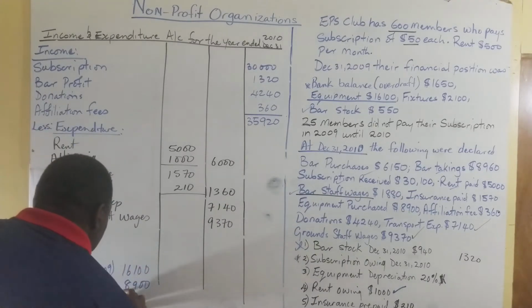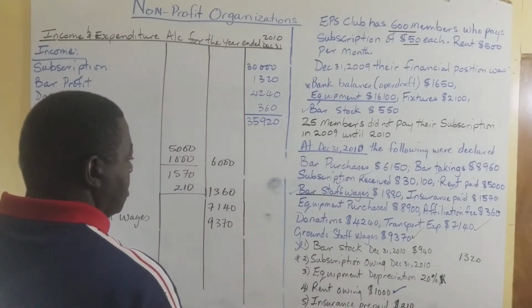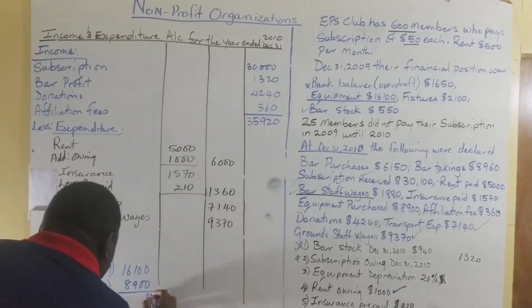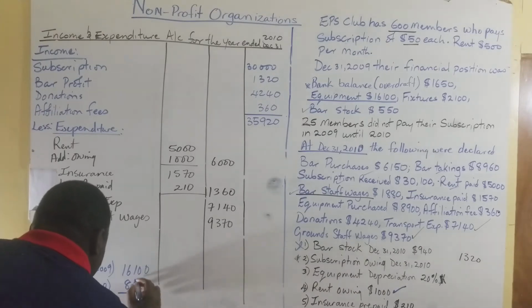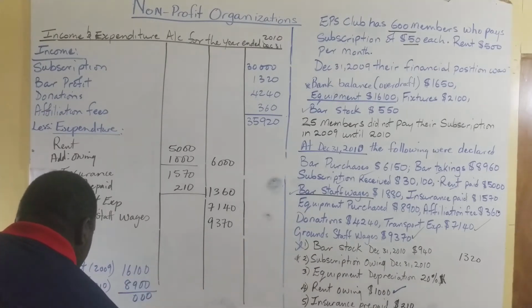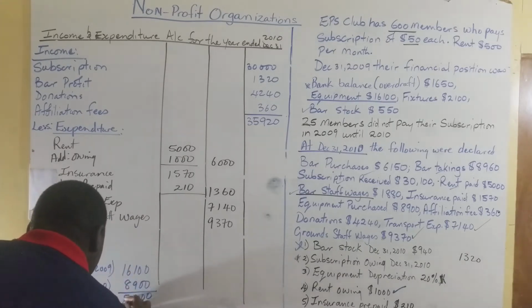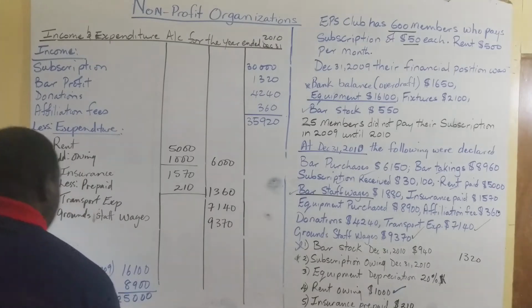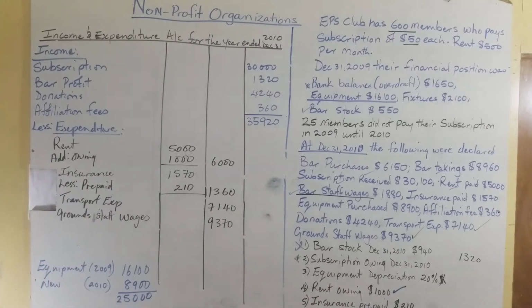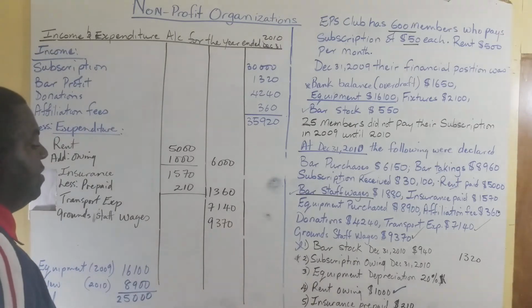So our total would be what now? That's 25,000. So the total value of our equipment will be 25,000.